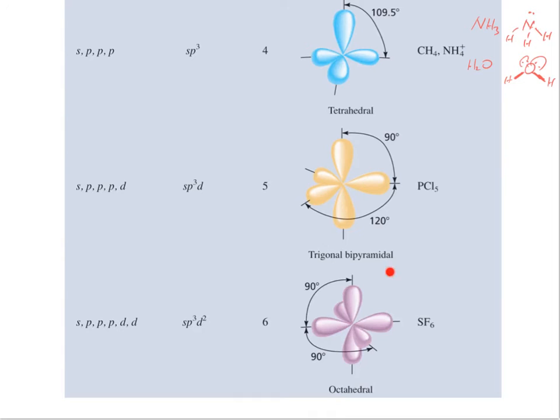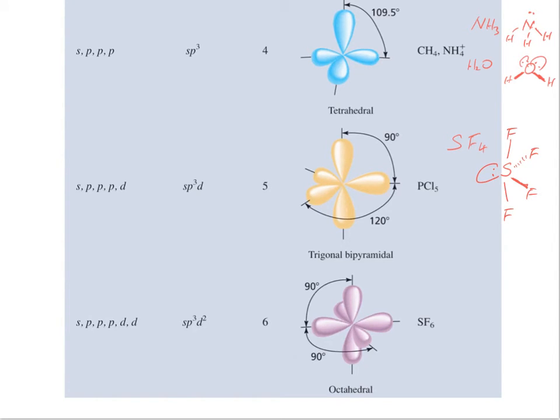all trigonal bipyramidal. But how about sulfur tetrafluoride? It turns out the Lewis structure for sulfur tetrafluoride has sulfur at the center with 4 single bonds to 4 fluorines. We'll write here fluorine, fluorine, fluorine, and fluorine, and 1 lone pair.